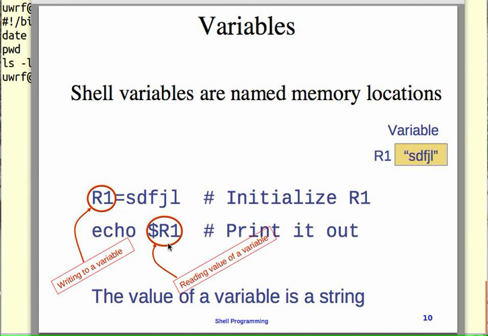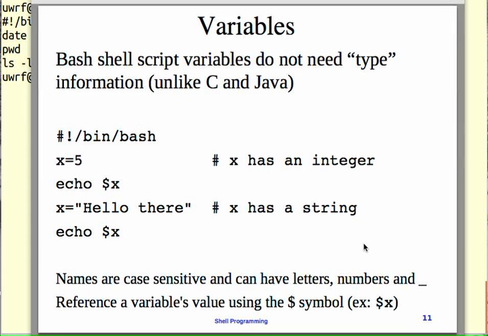However, in shell scripts, you have to have this $ symbol before the name of the variable. So for shell scripts, things are a little different from Java and C. When you want to, for example, print out the value of R1, you have to use echo space $R1, with no spaces over here. All right, I hope that's clear. So it's unlike C and Java.